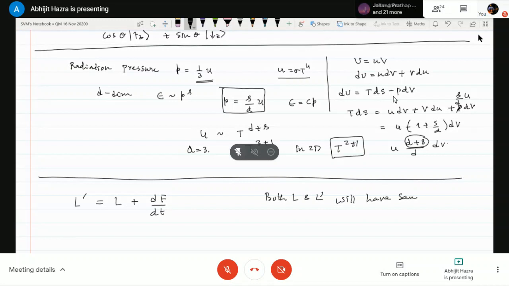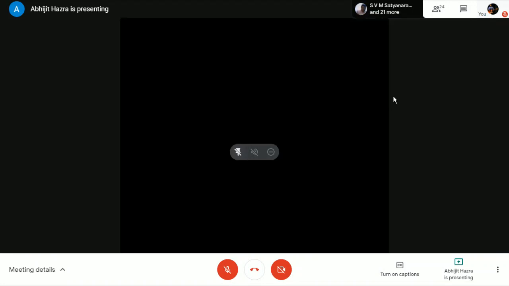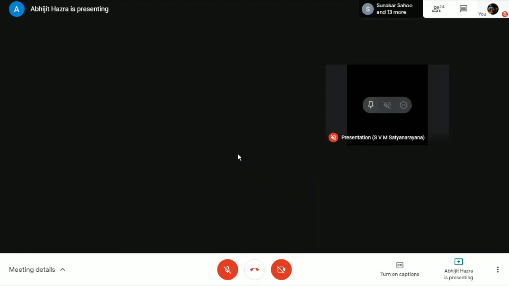This is called a gauge choice. Now you have to see which among these choices you can write as a total time derivative.